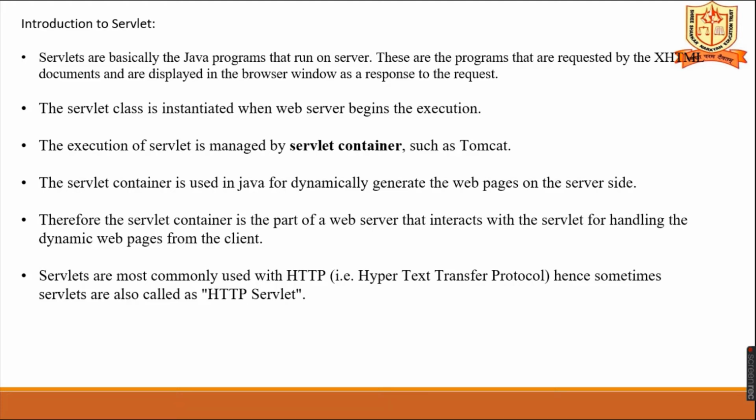Every day you go to hotels for that purpose. So what is a menu card? By seeing the menu card you give the order. The end user can see this menu card and give the order.